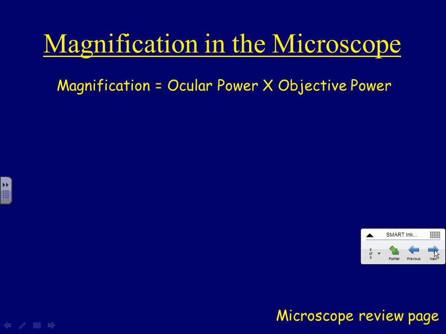Now, the eyepiece also has a magnification, all right? In actual fact, the objective lens makes a real image, and then the eyepiece simply magnifies that image like a magnifying glass. So it creates a virtual image, which is why we have to look in this thing to see the image. We're not projecting it on the ceiling.